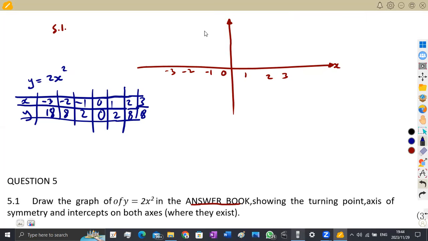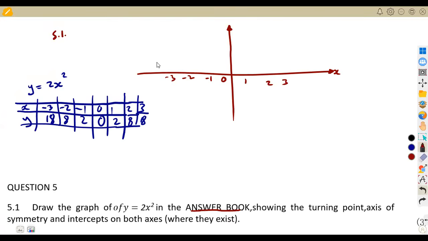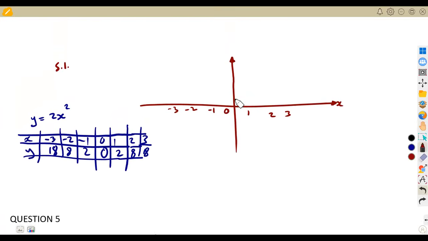So if you check this graph, it's a repetition of what we have on the left-hand side. As the y values increase going to the left, we have the same scenario on the right-hand side.